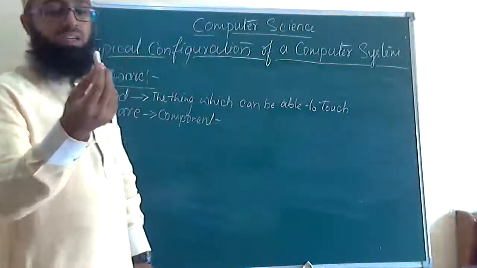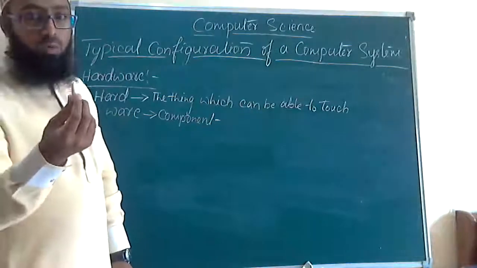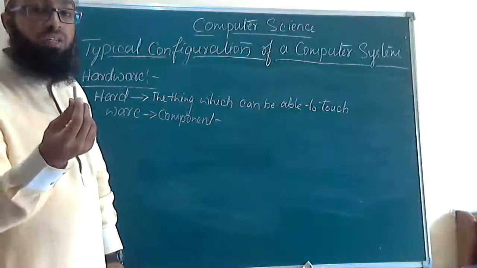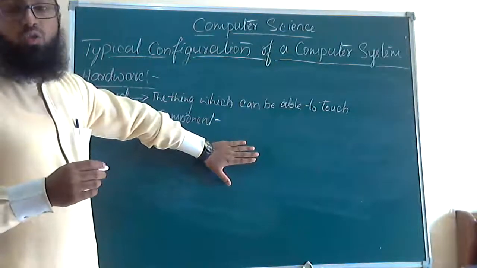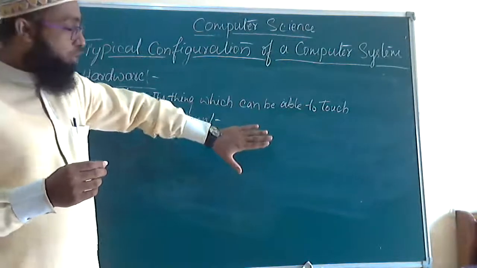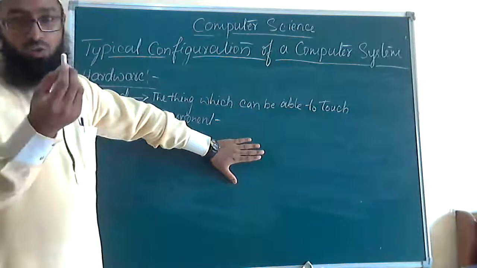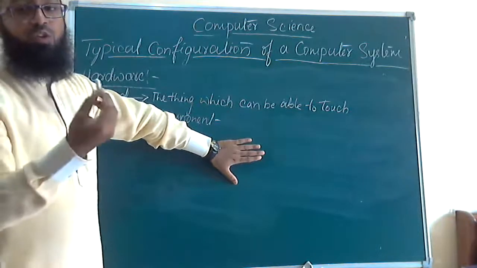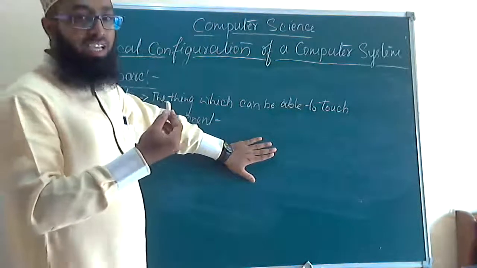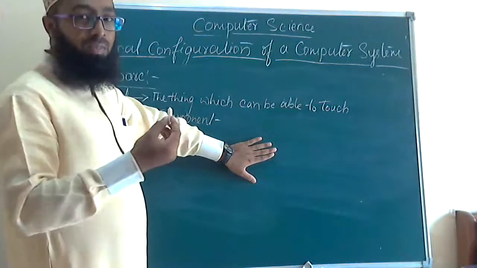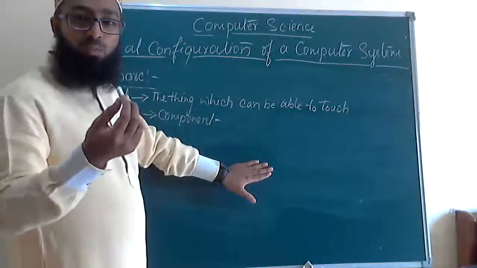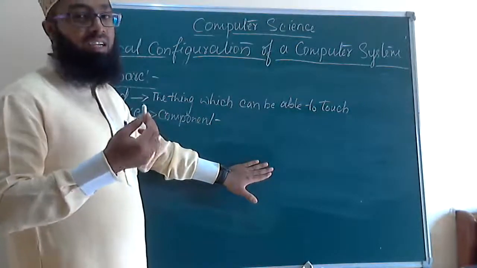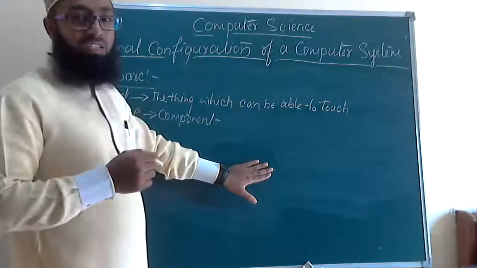See, chalk is also a component, but it is used for writing. The board is also a component, also used for writing. If only the board is there and there is no chalk, then this will not become the teaching aid. If only chalk is there and there is no board, then also this will not become a complete teaching unit.